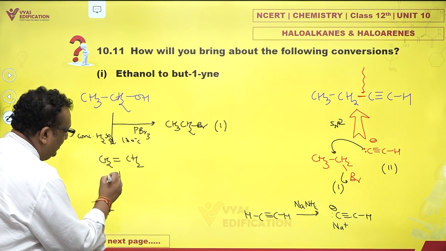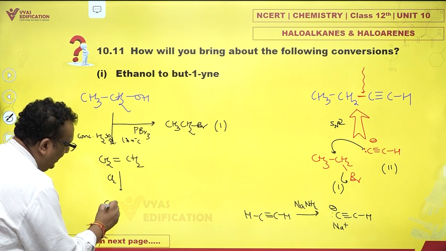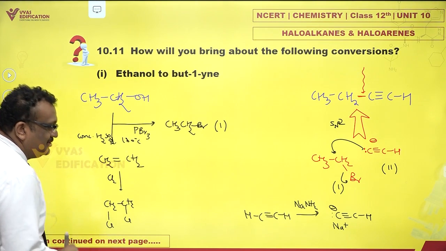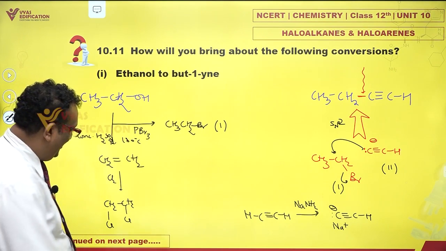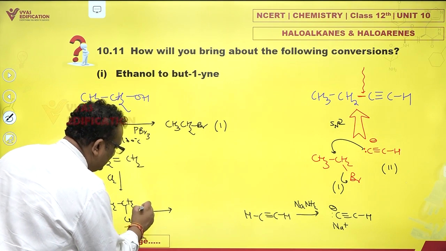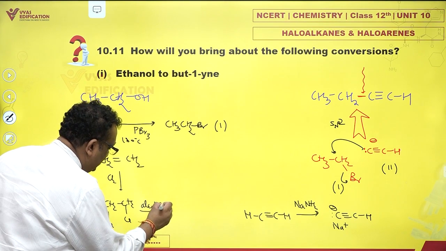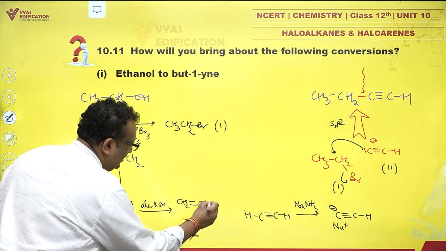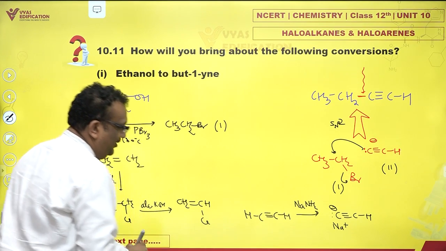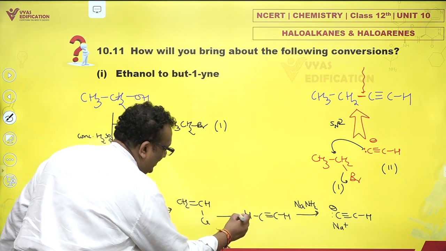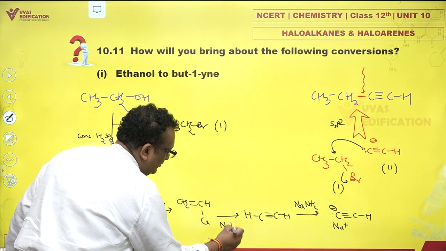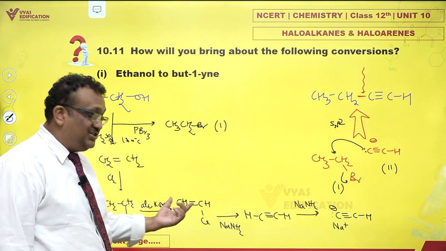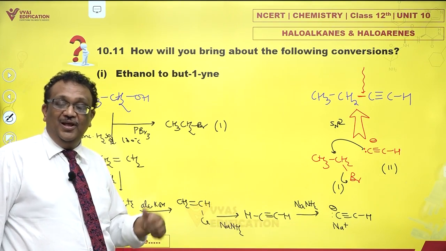And then, if I add chlorine, I get CH2Cl-CH2Cl. And then if I use alcoholic KOH, I get vinyl chloride. And last and the least, if I use NaNH2, because alcoholic KOH is not sufficient for elimination of vinyl chloride.